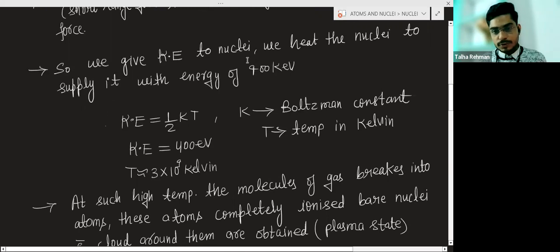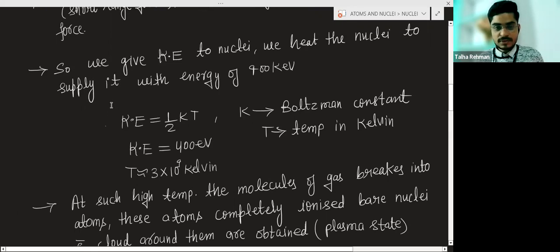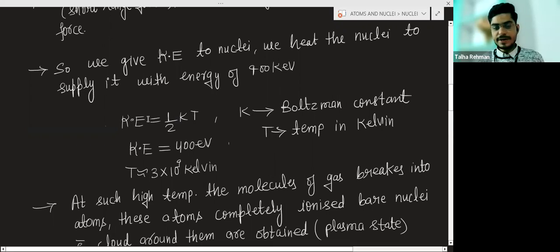Now, corresponding to this kinetic energy, to what temperature we have to heat the hydrogen nuclei, we can calculate with this. From the kinetic theory of gases, the kinetic energy of a gas molecule is equal to half into K into T, where K is known as the Boltzmann constant and T is the temperature in Kelvin.